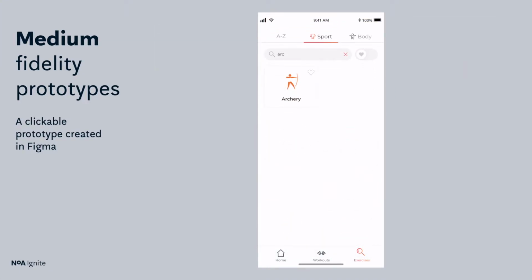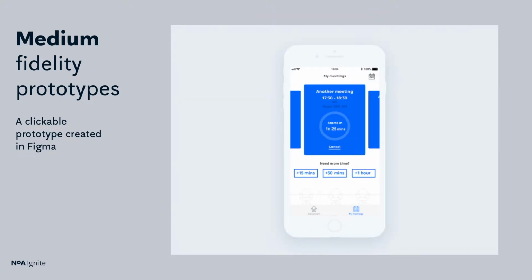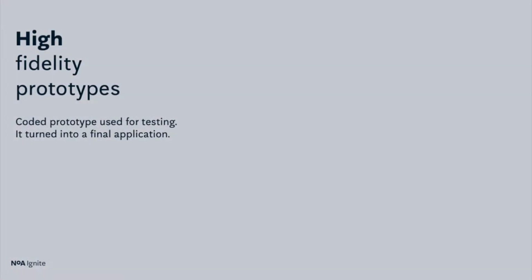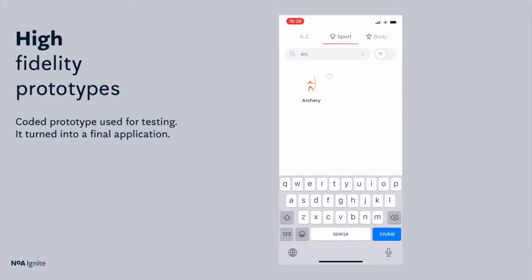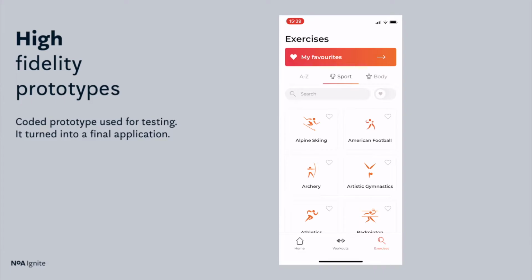They are more realistic regarding the functionality and design and require less imagination from reviewers and approvers to understand the concept. And above all, we have high fidelity prototypes that look more like a final real product and are almost fully interactive. Those kinds of prototypes are often used in user testing.